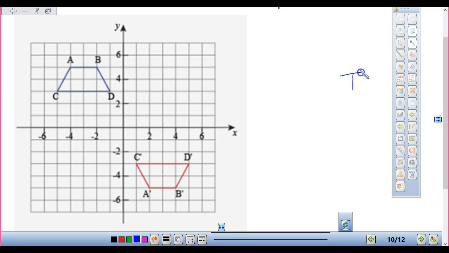So they translated how far? 1, 2, 3, 4, 5, 6. Did it go over or up and down? It went over 6, comma, did it go up and down? Not necessarily. So 6, 0 is my translation. Make sure that goes on the right.